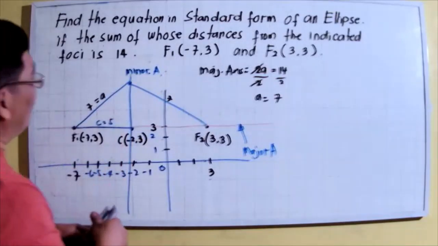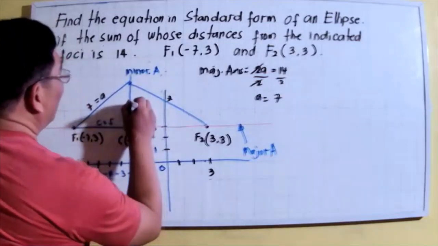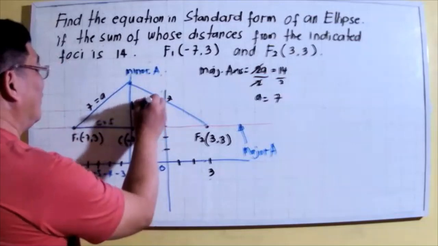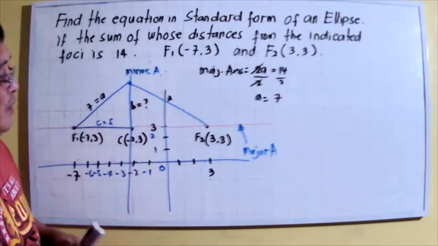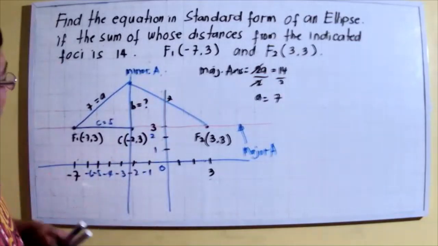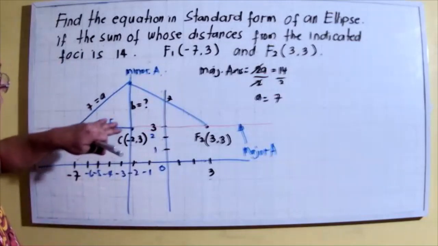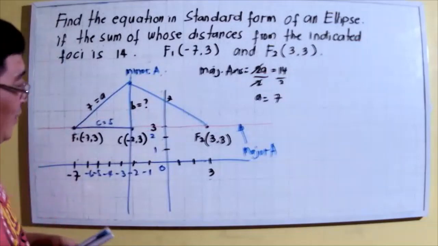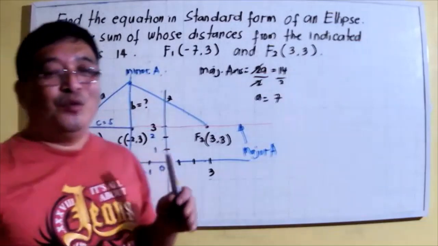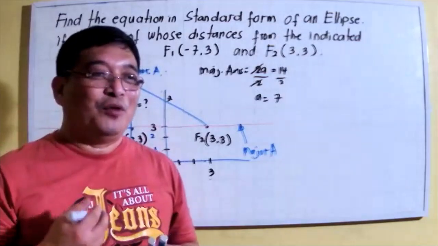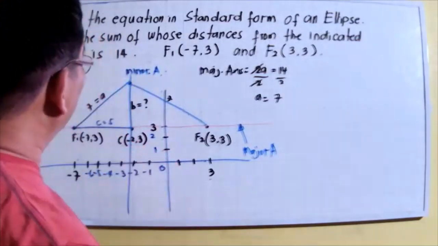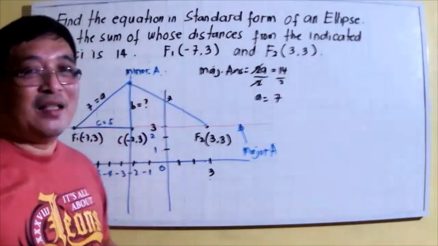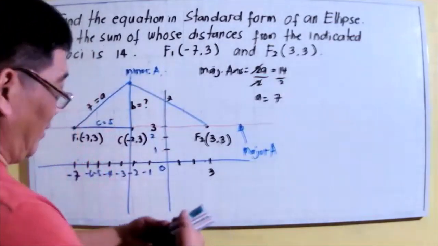So what we need to know is the value for the length of b. What will be the length of b? Using this right triangle, we can find b using the Pythagorean theorem. In an ellipse, the longest side or the hypotenuse is a.